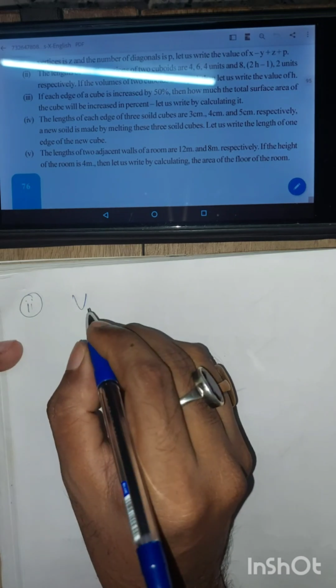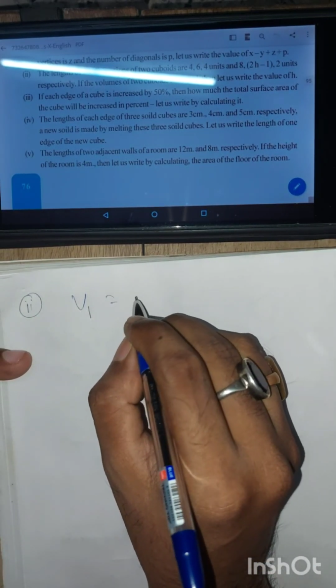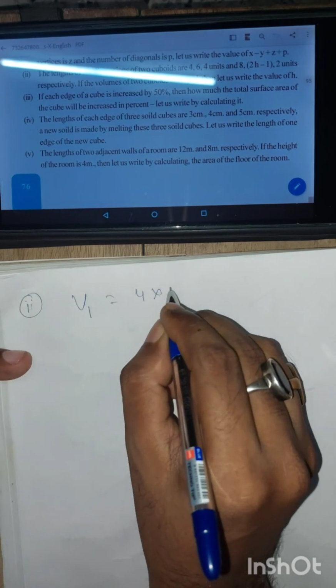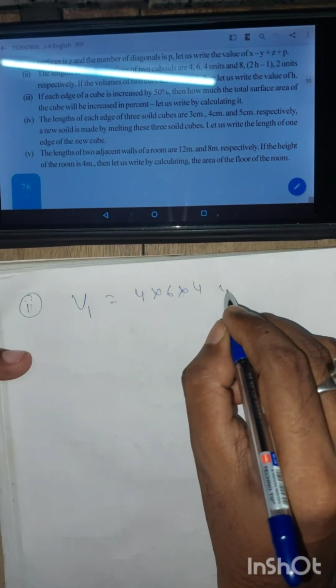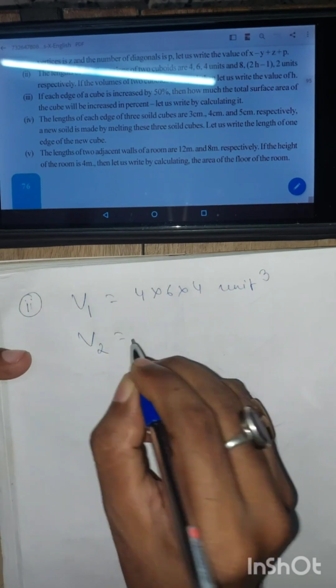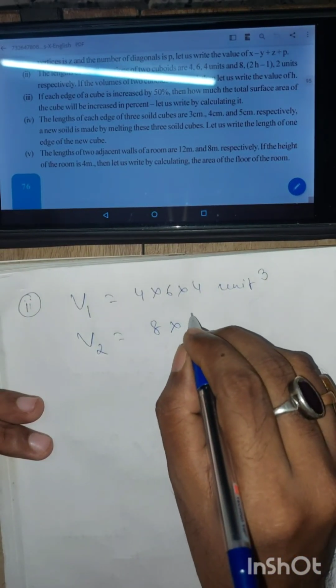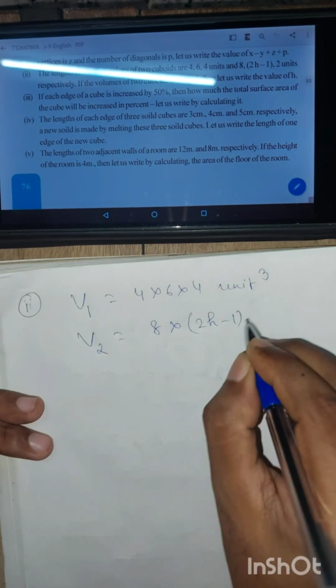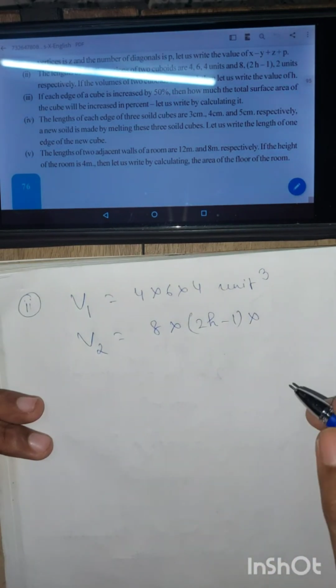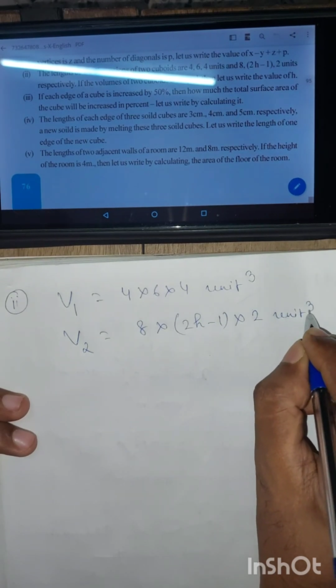Volume of first cuboid is 4 into 6 into 4 unit cube. Volume of second cuboid is 8 into 2h minus 1 into 2 unit cube.